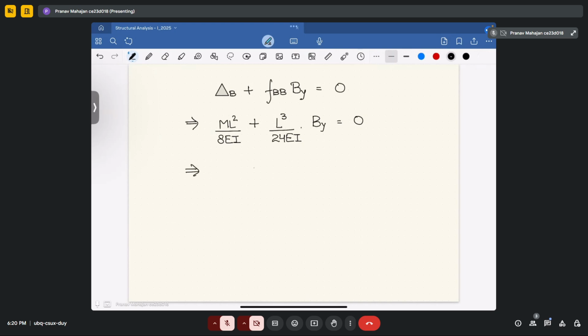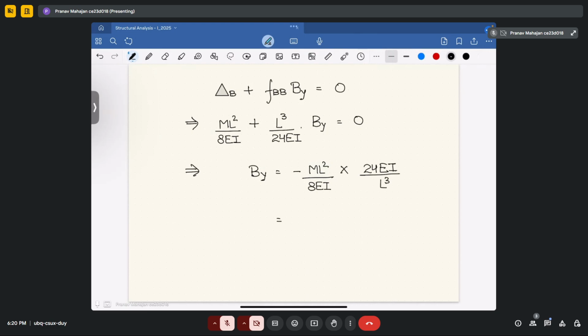Now solving this for BY, you will get BY to be equal to minus ML square upon 8EI into 24 EI upon L cube.